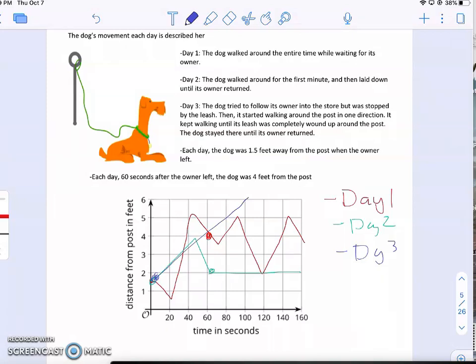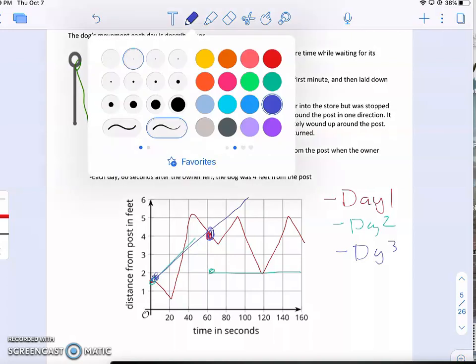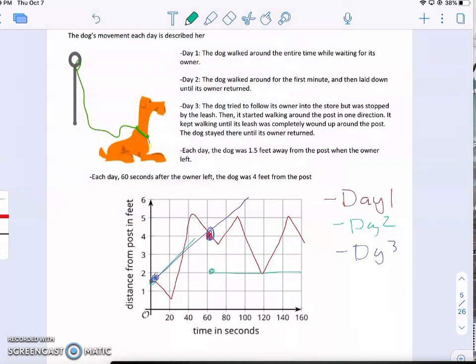Then it started, and we know it has to be 4 feet away at 60 seconds. So I think I need to switch day 2. My bad, day 2, I forgot that second part for day 2. At day 2, it has to be 4 feet away.